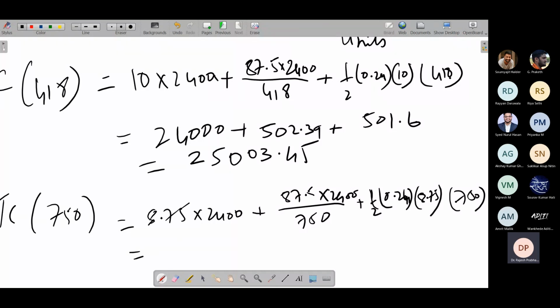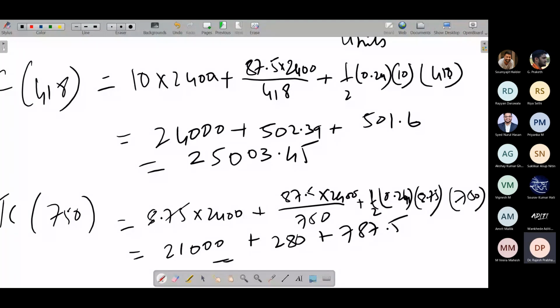So 8.75 into 2400 is 21,000, plus 87.5 into 2400 divided by 750 is 280, plus 0.24 into 8.75 into 750 divided by 2 is 787.5.